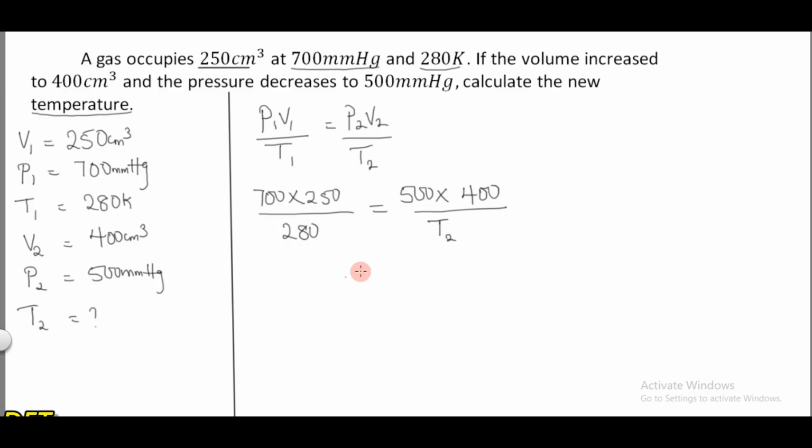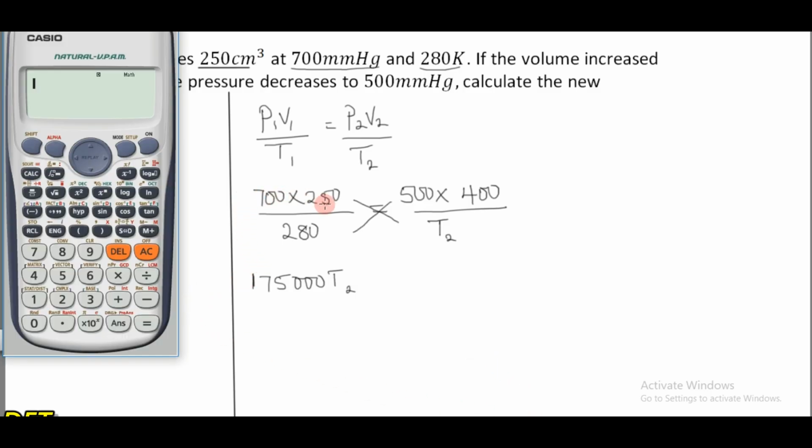The new temperature. So the next thing I would do here is to cross multiply, right? 700 times 250 times T2 would give us 175,000 T2, right? If I bring out my calculator, 700 times 250 is equal to 175,000.